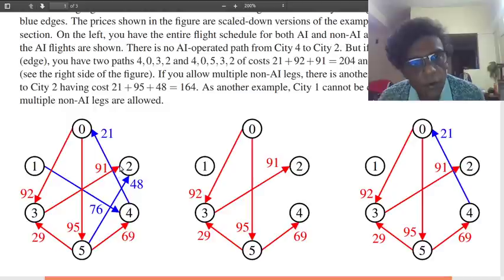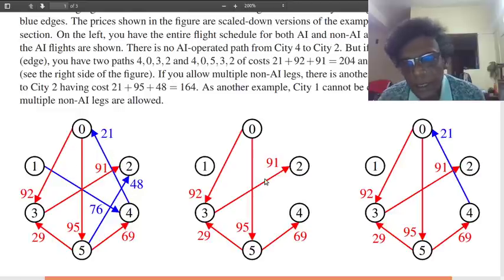I can come 4 to 0, 0 to 5, and then 5 to 2. And the earlier best cost was 204, as I mentioned. Now it is 21 plus 95 plus 48, which turns out to be 164, which is even smaller than 204. Okay. So these three charts you need to prepare.